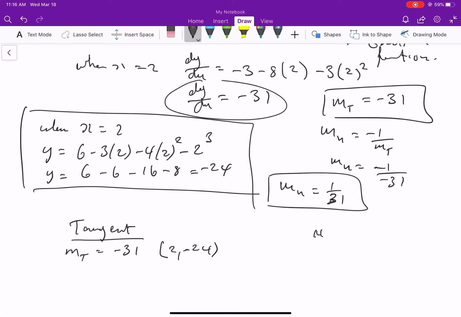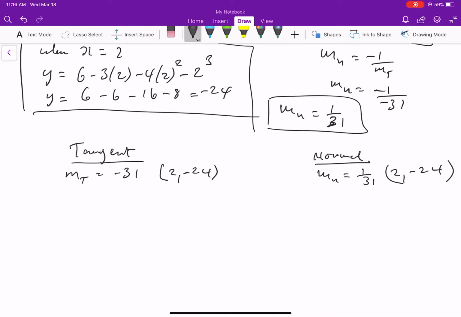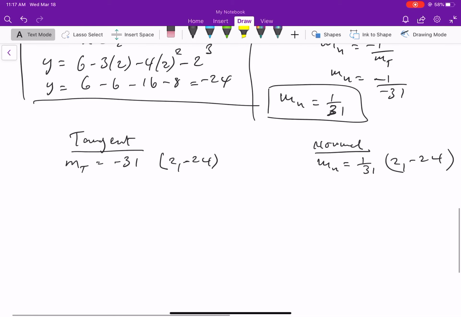For the normal, I have the gradient of the normal being equal to 1 upon 31, and it's the same point the normal passes through, 2 and minus 24. At least some work for you guys to do here, because you're going to crunch the big numbers.